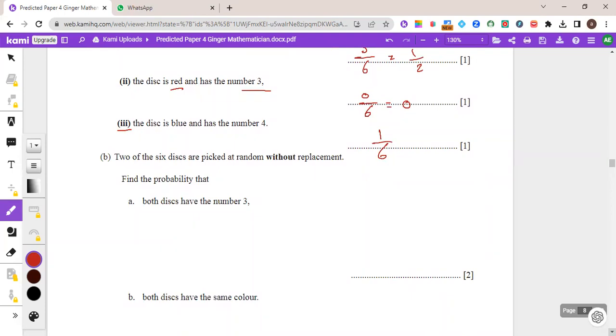2 of the 6 discs are picked randomly without replacement. Find the probability that both discs have the number 3. Probability of 3 and 3.